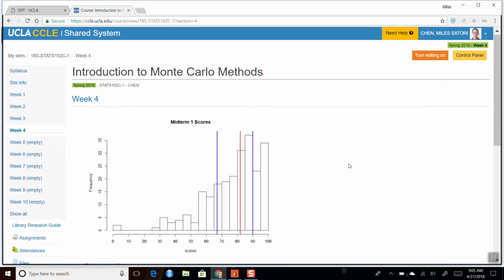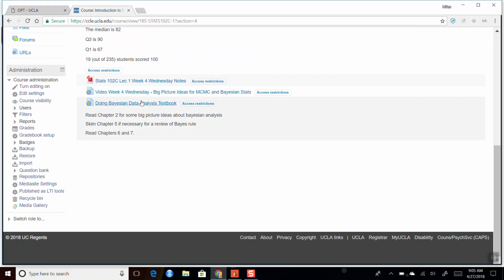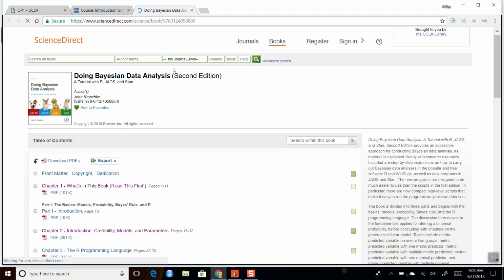This is my favorite textbook on Bayesian statistics. And it's free as long as you are connected to the UCLA network, okay? Well, maybe it's accessible for UCLA students.